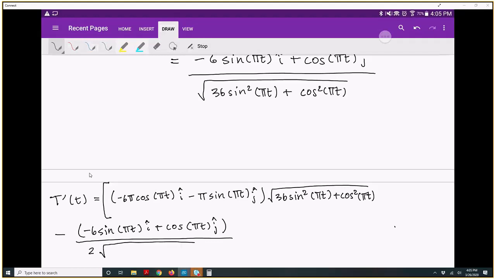It goes on the bottom of a fraction, 2 times what's under the square root. And then we also need to multiply by the derivative of the inside. So we're multiplying by 72 pi sine of pi t cosine of pi t minus 2 pi sine of pi t cosine of pi t.